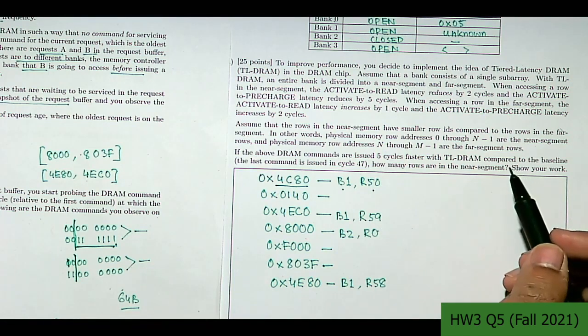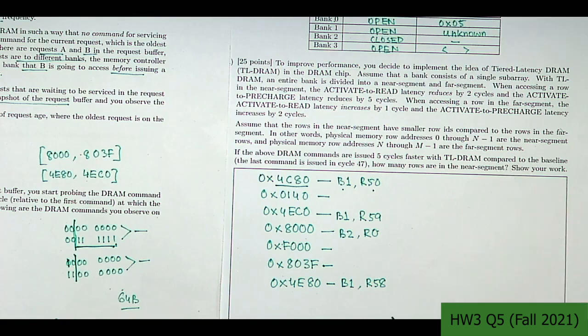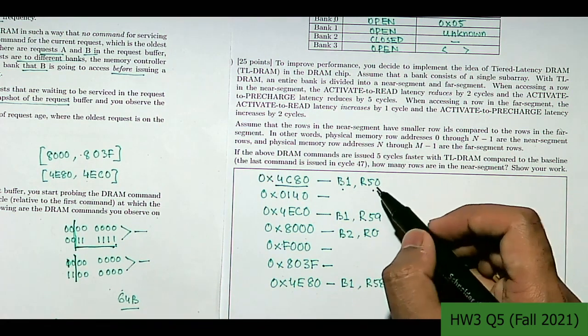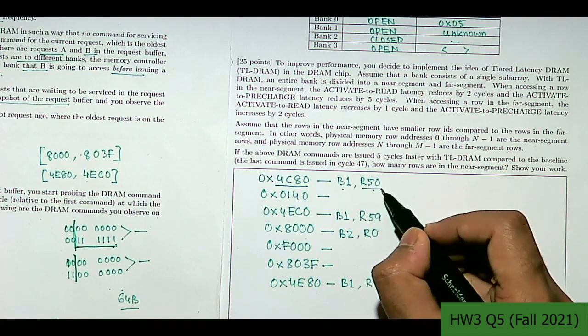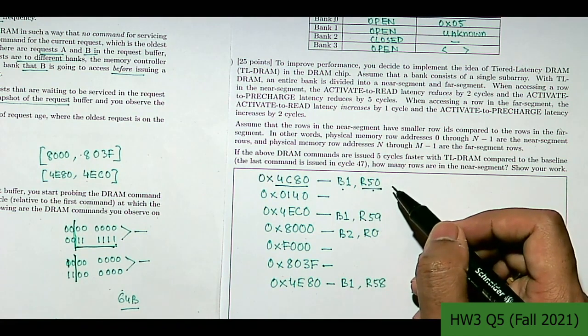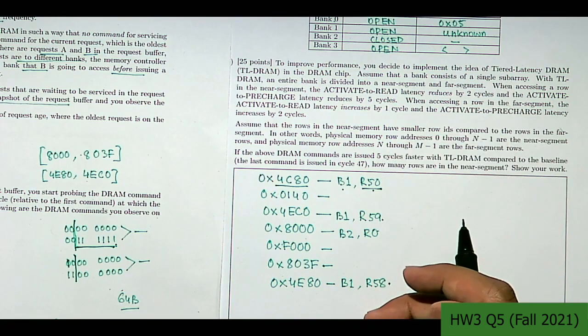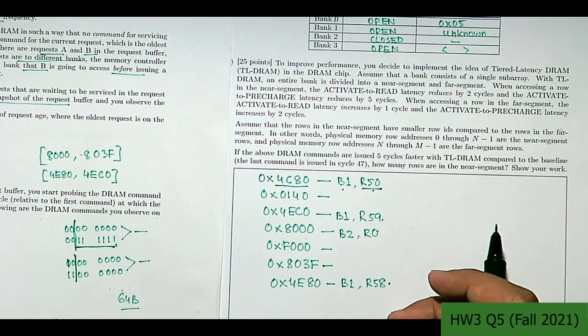That's just a hunch. Now, I would approach it like this. Let's start with saying that row 50 is something we consider to be in the near segment, and let's say 59 and 58 both to be in the far segment. And let's see what the command sequence and the timing parameters actually look like.